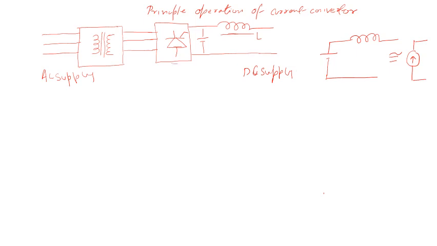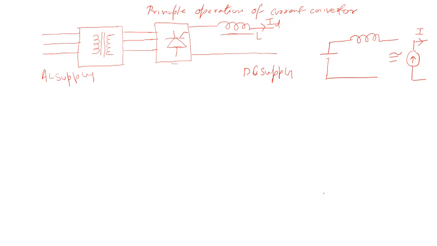So what happens with the constant current source? That means the current will be constant. Now here, because of this inductor, the current will not vary much. Okay, because of the inductor, the current will be constant. So that's what we mean by smoothing of your current.